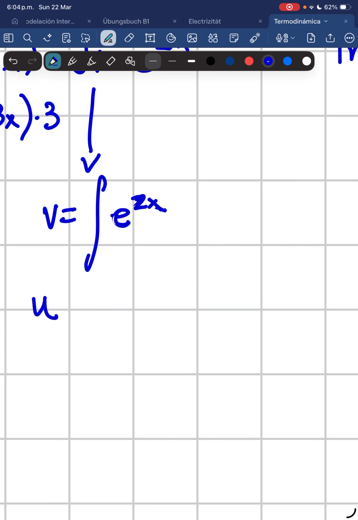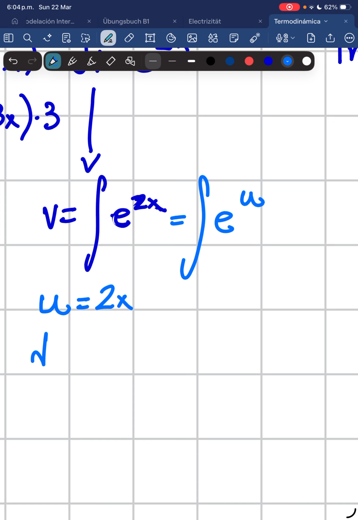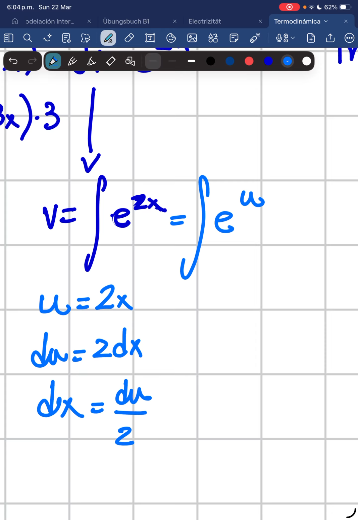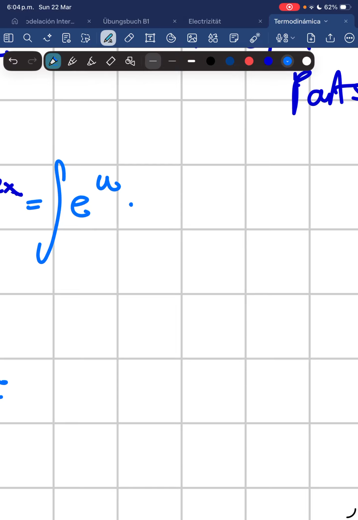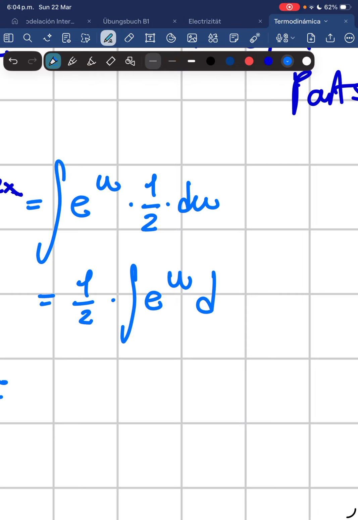we're gonna solve this integral by u substitution, a simple and easy u substitution. So we're gonna determine u as 2x, and then we have the indefinite integral of e to the u. We differentiate u, which is 2 dx, and solve for dx, which is du over 2. So we multiply what we just got, and our integral is 1/2 times the indefinite integral of e to the u du.